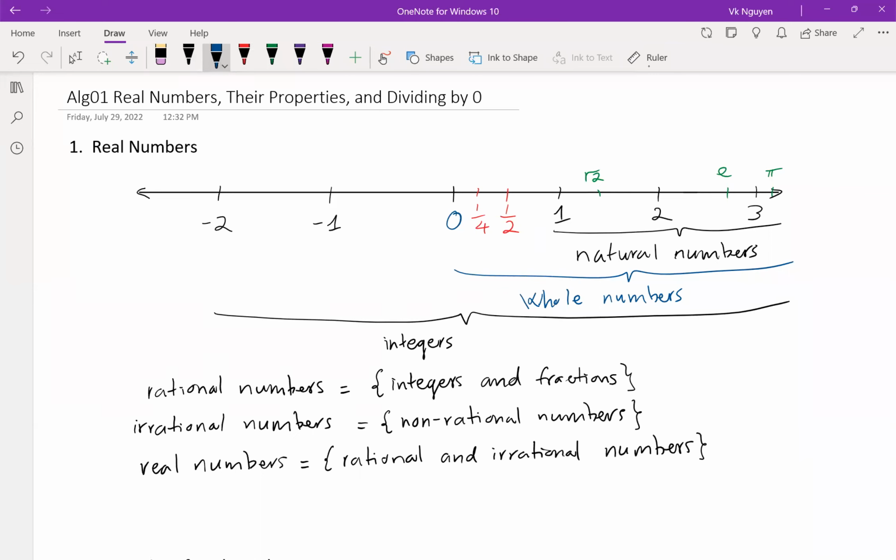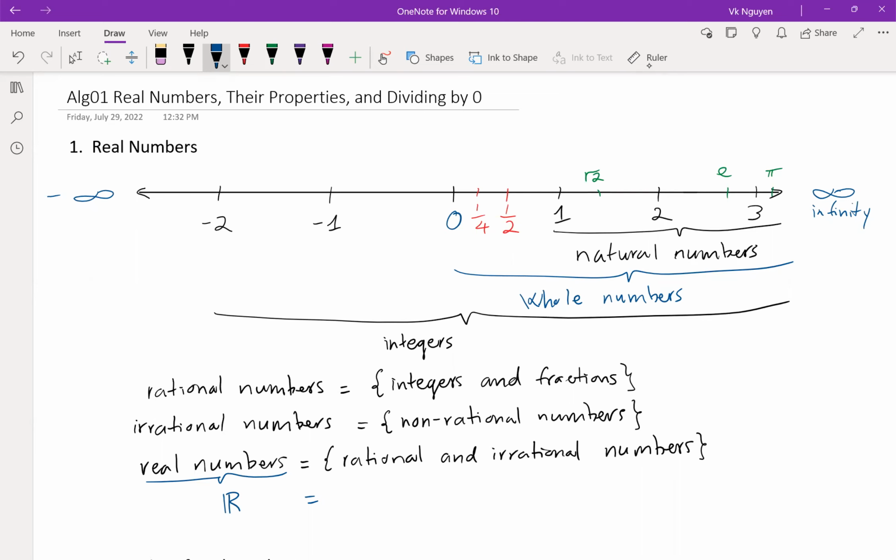Real numbers are written as ℝ to represent rational and irrational numbers. We introduced an abstract notation, negative infinity and infinity. The notation means unboundedness.